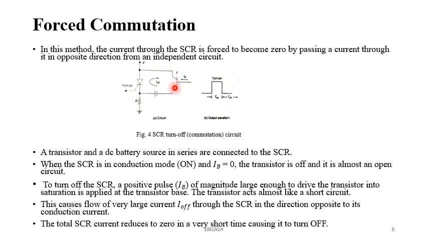Now this transistor is acting like a short circuit. Because of this, there is a large current I off through the SCR in the direction opposite to its conduction current. That current will indicate the current flowing from anode to cathode, IAK, and there exists a current because of this transistor, and both are in opposite directions.